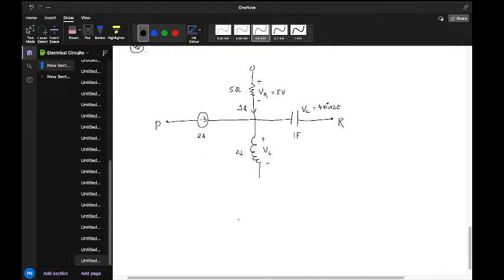So what you can try to do here is use Kirchhoff's current law. Our aim is to find V of L.